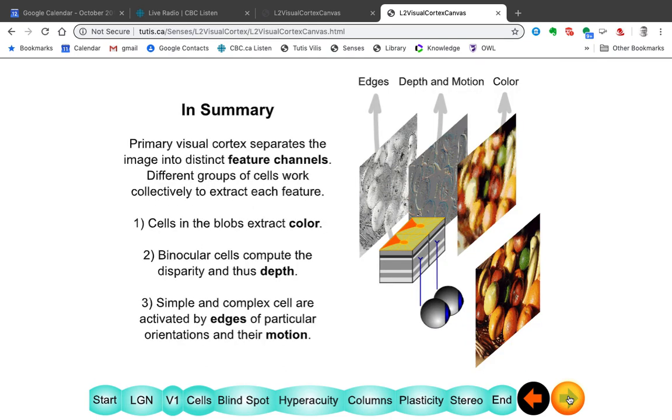The cortex is sending out information to other structures about things like edges from those simple cells, and then depth and motion, depth from the binocular cells, and color from those double opponent cells that we talked about in those blobs.